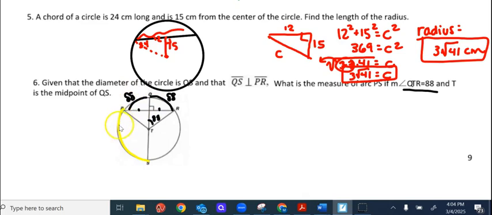And we know that this whole amount makes 180. So if we've got 88 already found, we just need the rest of it to get us to the arc that they want.